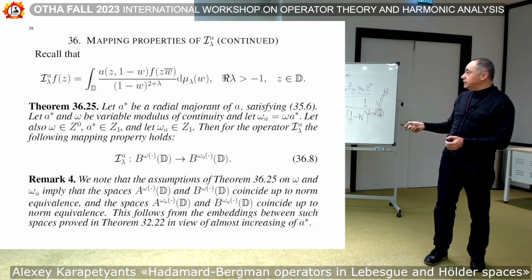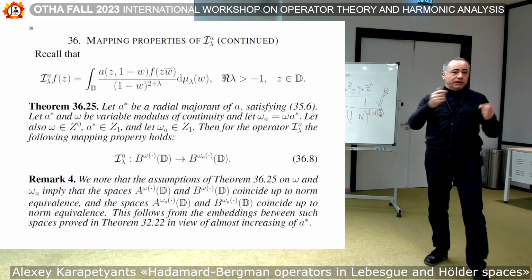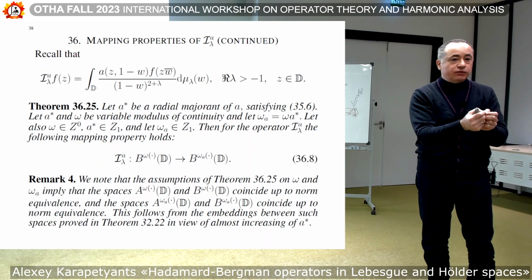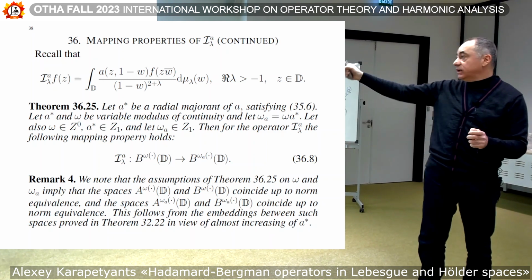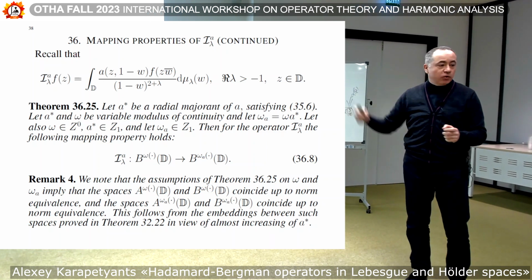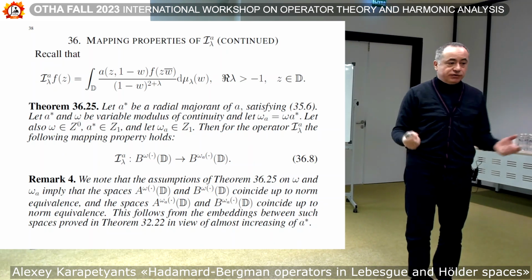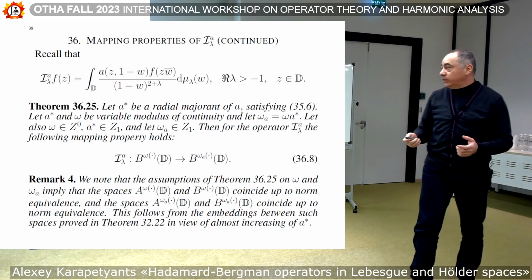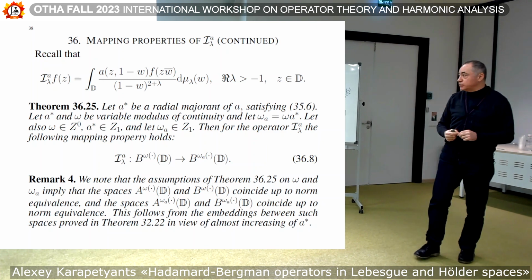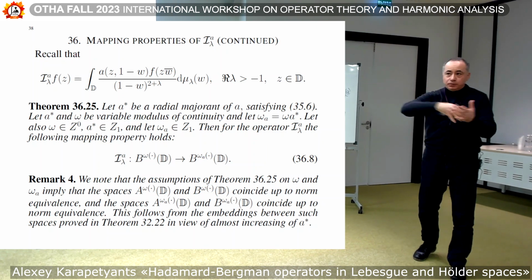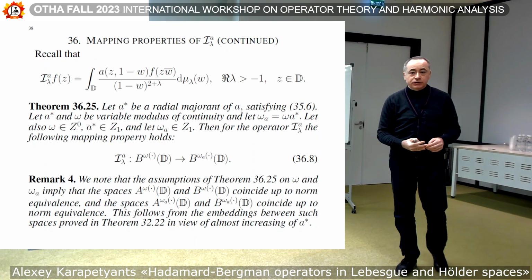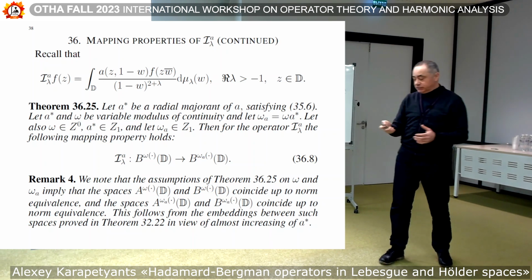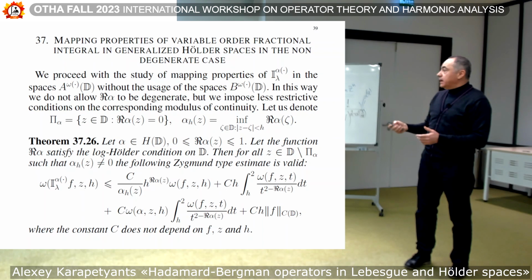We have very strict conditions on the modulus of continuity, and we have boundedness of this general operator in these Besov spaces. And because we imposed such strict conditions on the modulus of continuity, we have that B omega coincides with A omega. So in this case, it makes no sense to study A omega separately, okay? Because we allow alpha to be arbitrary, but instead we have to impose conditions on the modulus of continuity to have the result, okay?